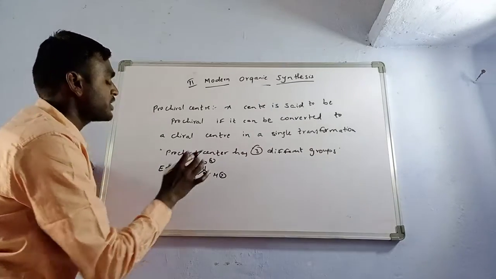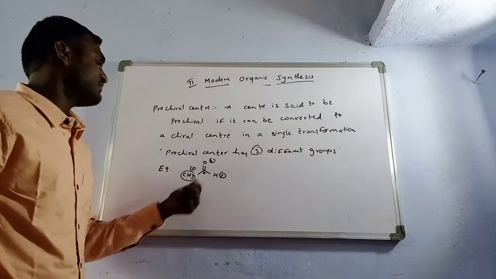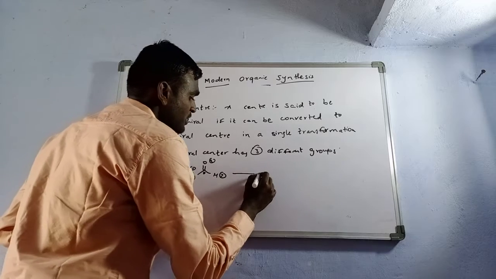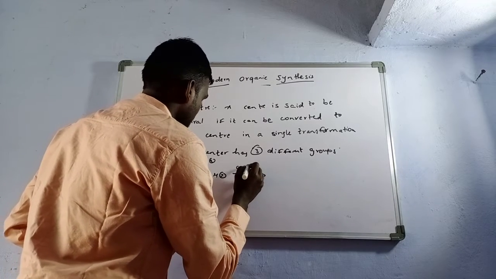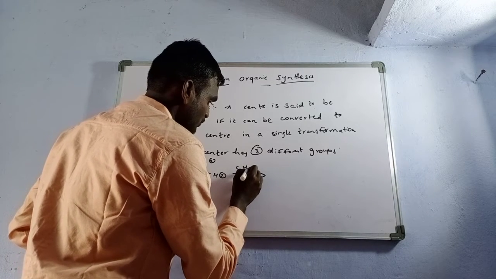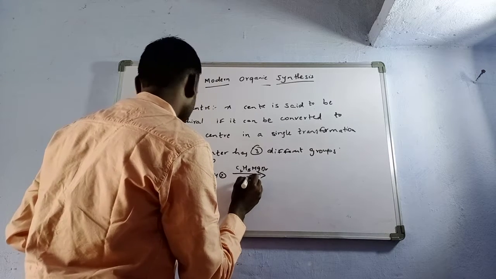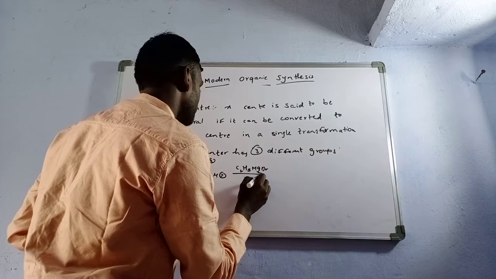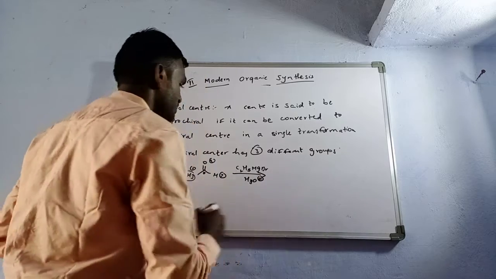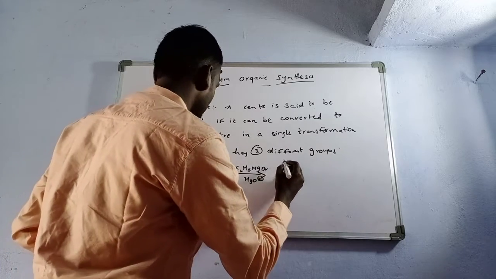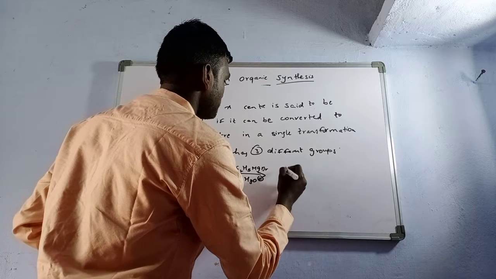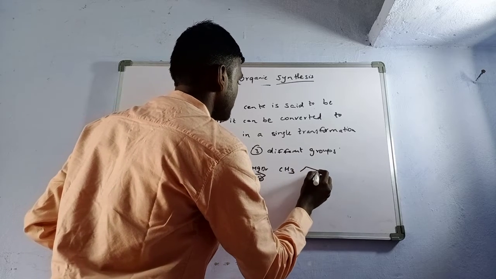The prochiral center will have three different groups, and it will be converted with C2H5 Mg in the presence of acidic water hydrolysis. It will be like this.